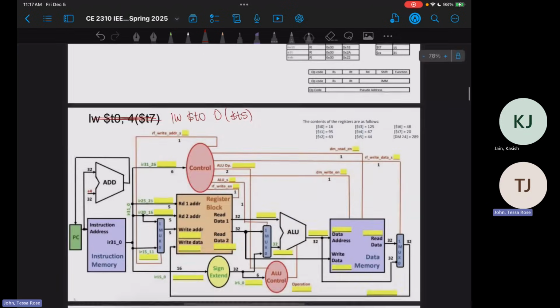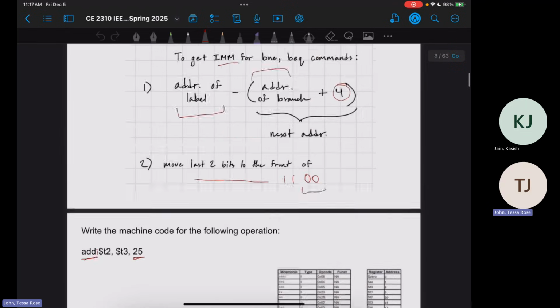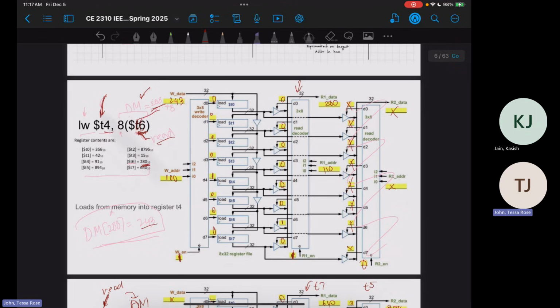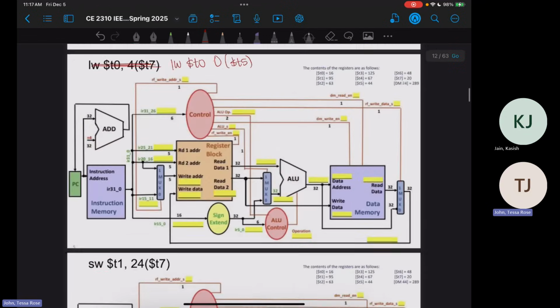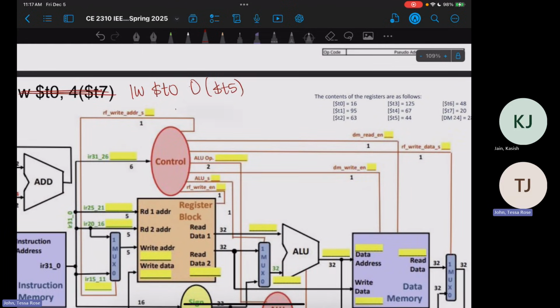Okay. So if y'all remember load word, this is where we read in data from the data memory and we write it to our register file, right? Same thing over here. This one is our RS.